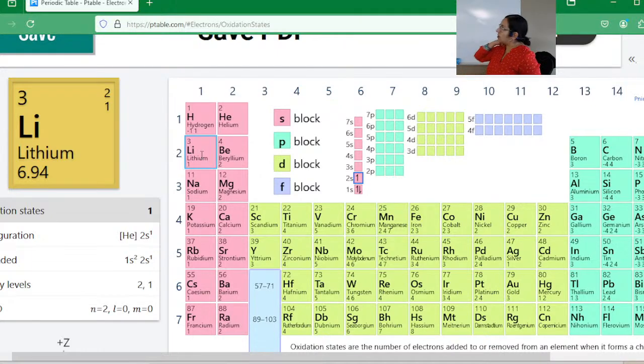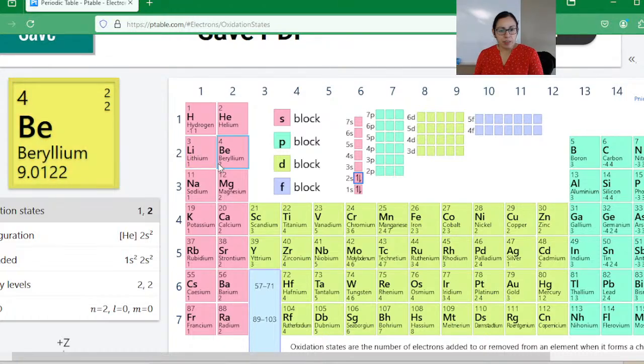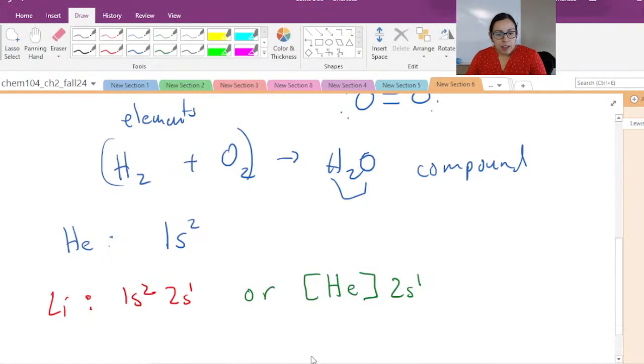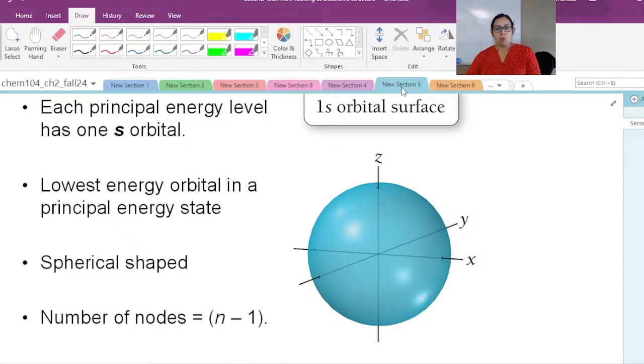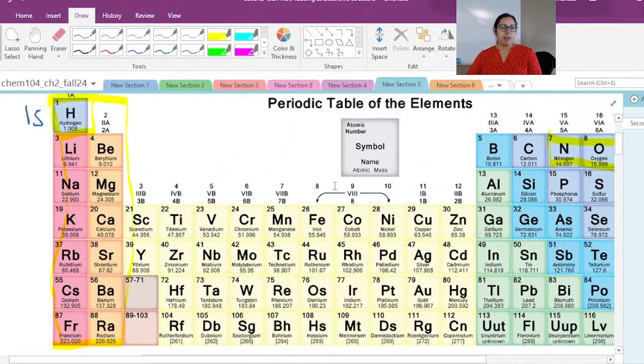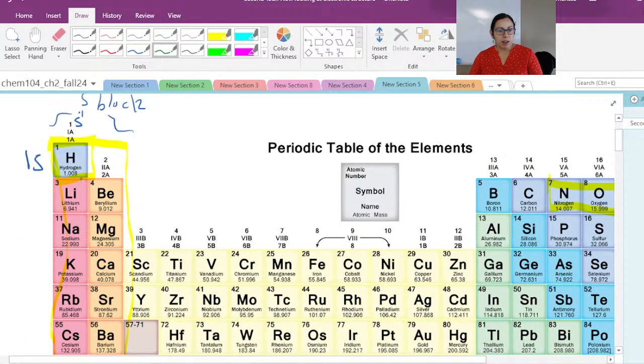So yes, you can see that. Under the configuration, it has the abbreviated with the helium 2s1, or what they call expanded, where it's fully written out for you. And so again, we're noticing our trend. Our first row here, that's why they're the alkali metals. That's why they're water reactive.